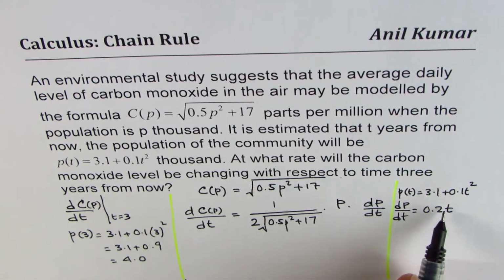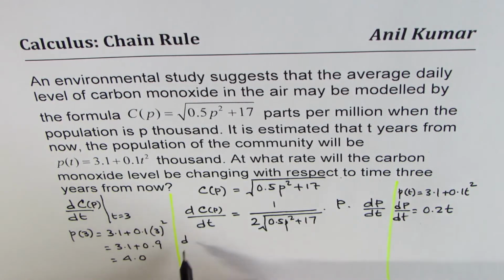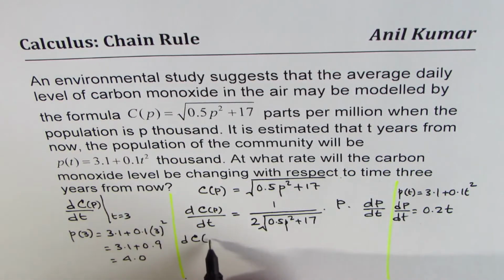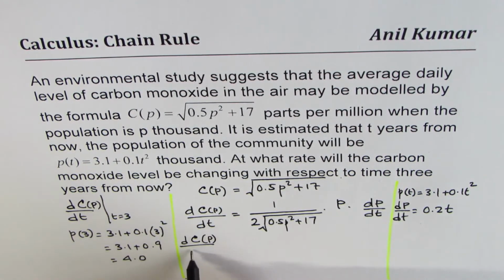So dP/dt is 0.2 T, which can be placed here. At this time, since we are interested in finding population at T equals 3, let us substitute T as 3, right? And P is 4.0 to find the change in carbon monoxide level after 3 years, right?